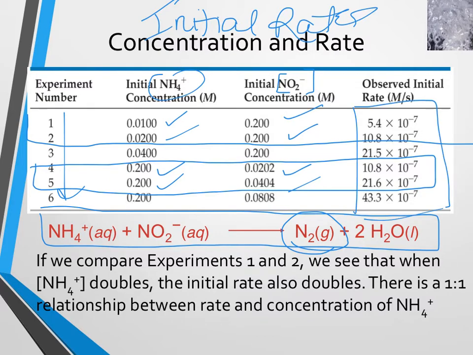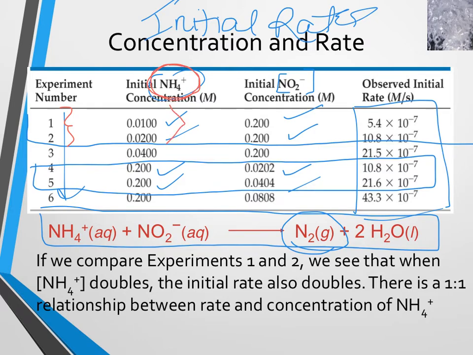So now that you kind of have a handle on what you're looking for, let's take a glance and see the information that we can get from this. Let's go back to comparing experiments 1 and 2. We're trying to look for the effect of ammonium on the rate in experiments 1 and 2.